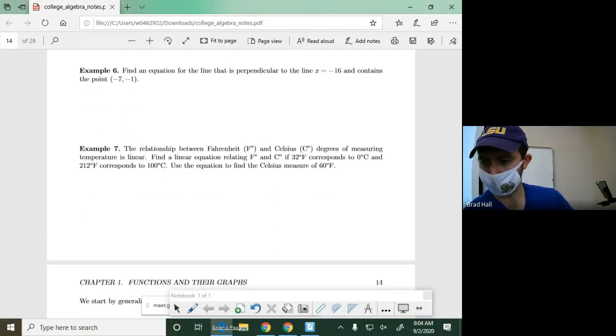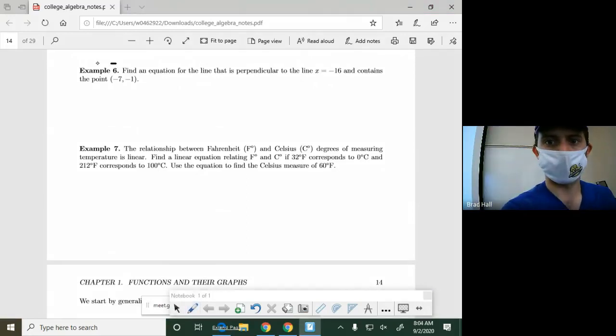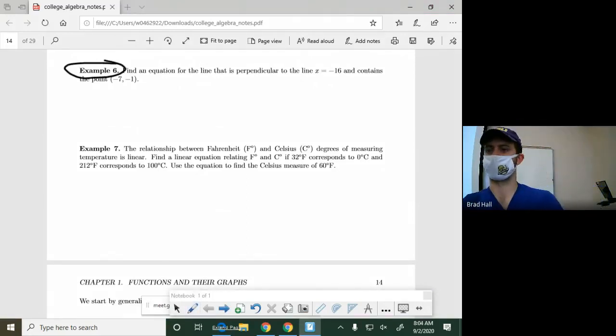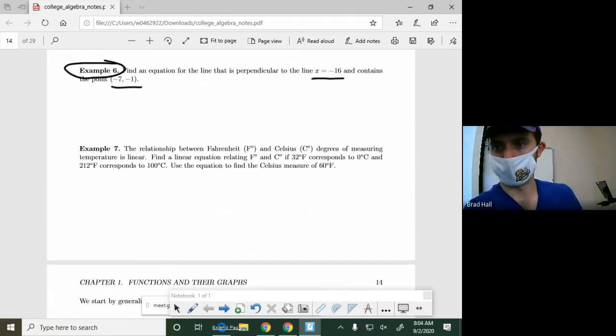Example 6 is different because I give a new line and a new point. So whatever I had before, you could just toss that. This one's going to be more helpful.